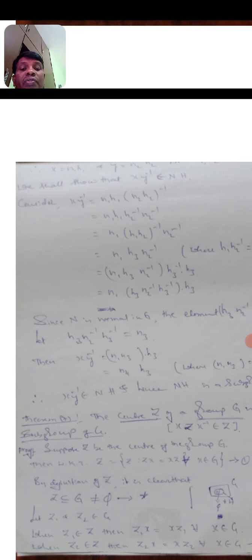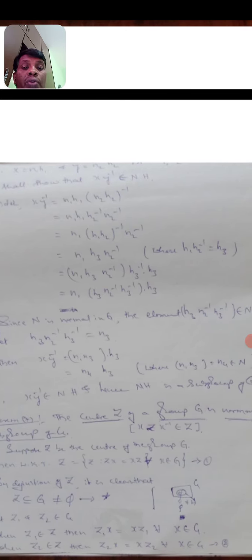On simplification, we have n1 into h1 h2 inverse into n2 inverse, which is equal to n1 into h3 into n2 inverse, where h1 h2 inverse is equal to h3. That is equal to n1 h3 n2 inverse into h3 inverse into h3, so that is equal to n1 into h3 n2 inverse h3 inverse into h3.